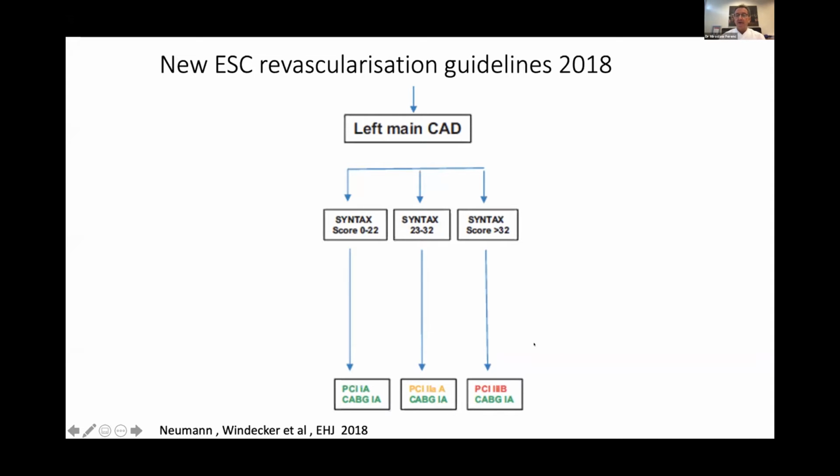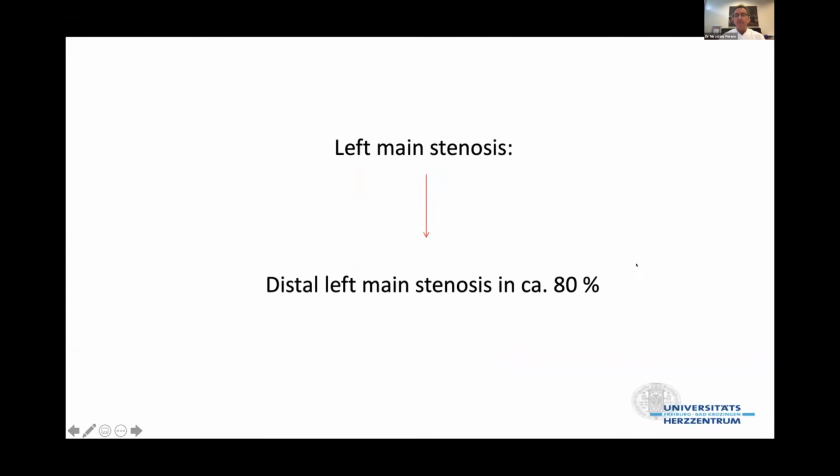Similarly, for patients with high SYNTAX score, CABG is the first-line therapy, and you shouldn't go primarily with PCI unless the patient is not suitable for the operating room.